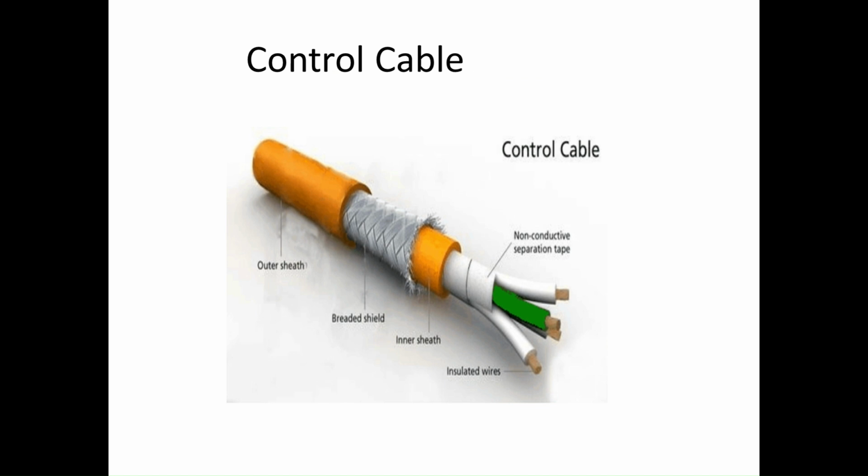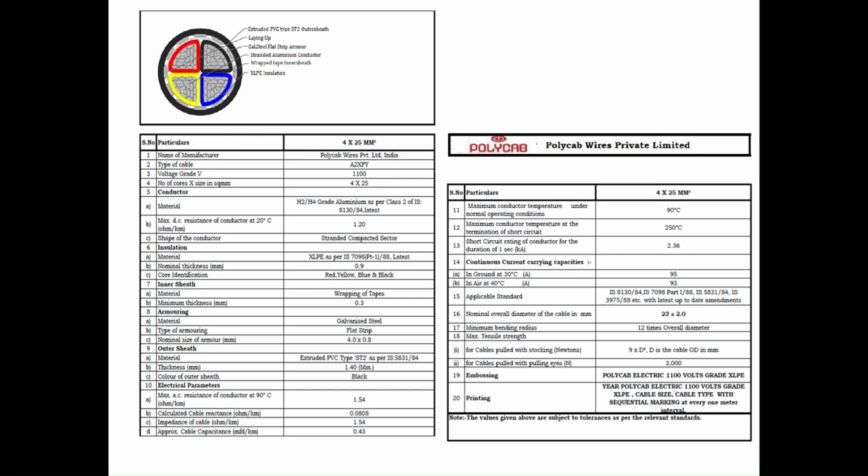This is the cross-sectional view of a control cable, and these are the specifications. Here I have taken the data for a Polycab manufacturer. You can see the voltage grade, the material, the insulation, inner sheath, armoring, electrical parameters, impedance of cable in ohm per kilometer, cable capacitance, temperature rise, and continuous current carrying capacity at 30 degrees Celsius, at 40 degrees Celsius, like that.